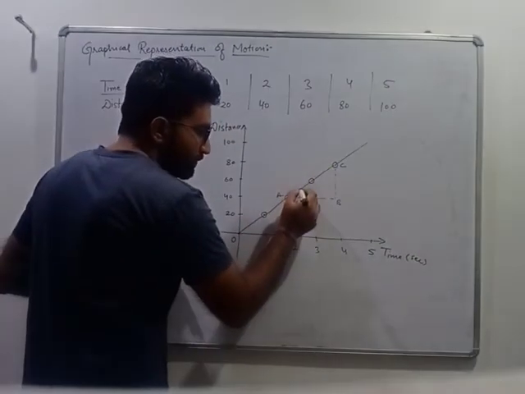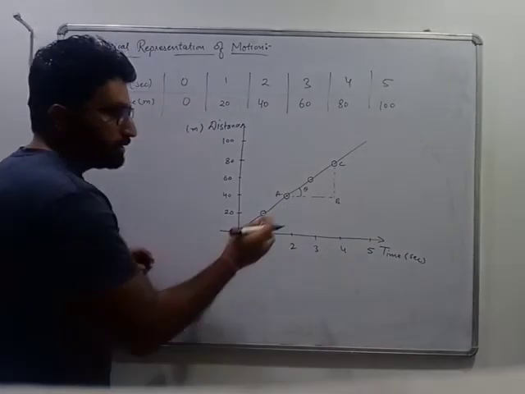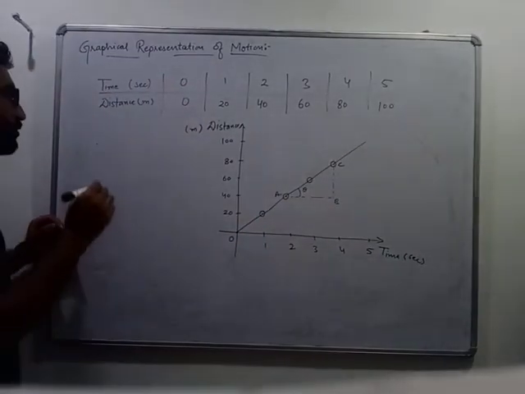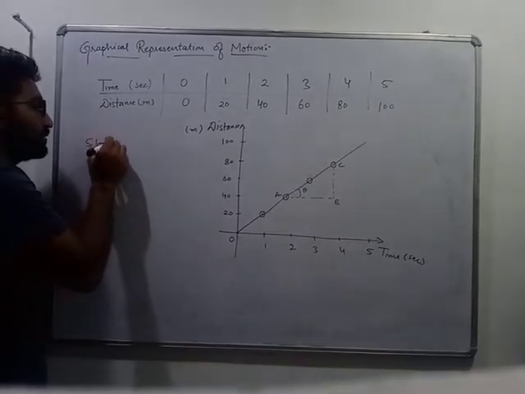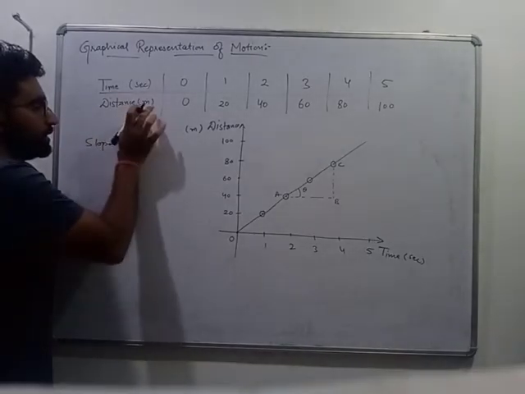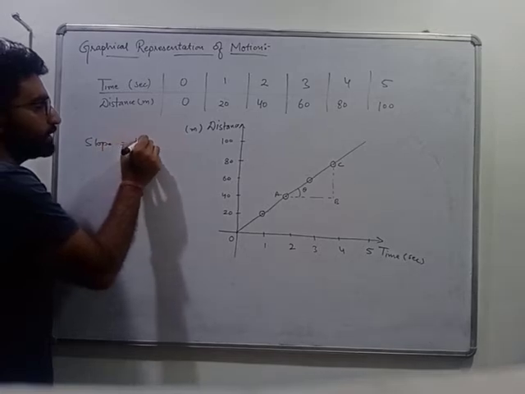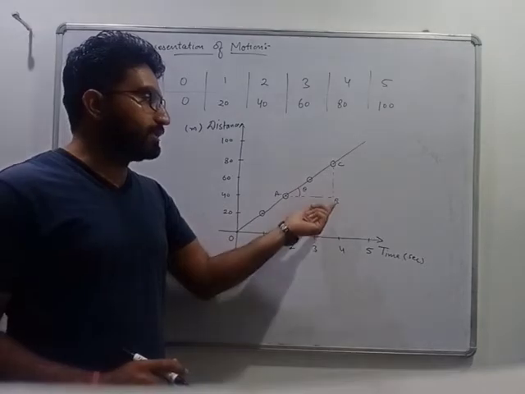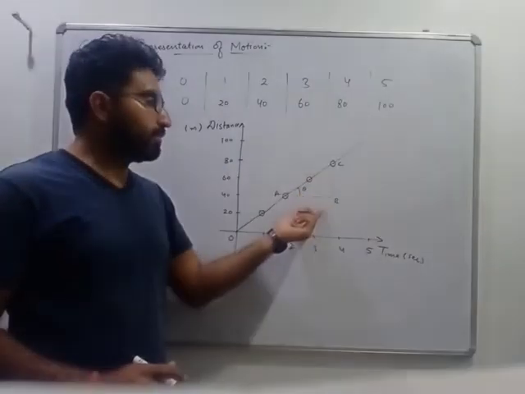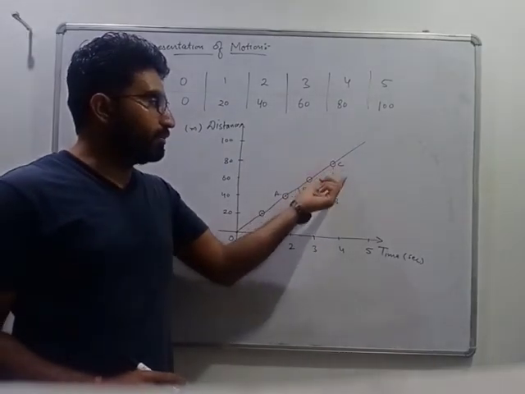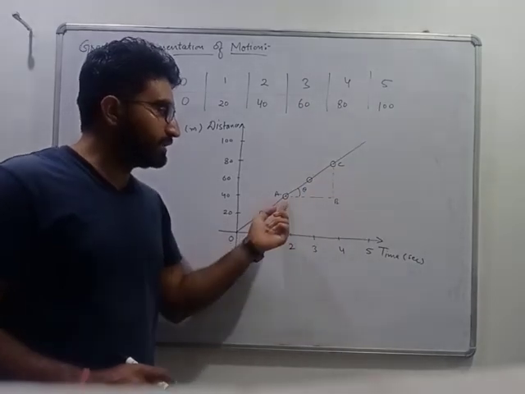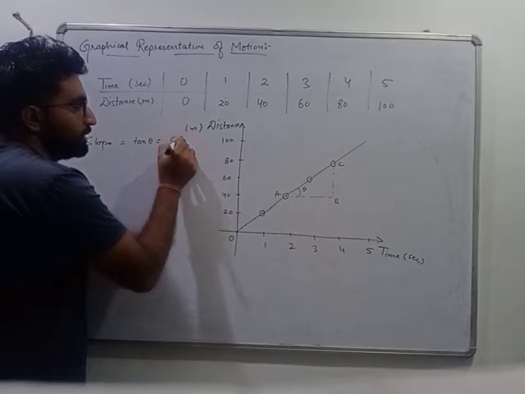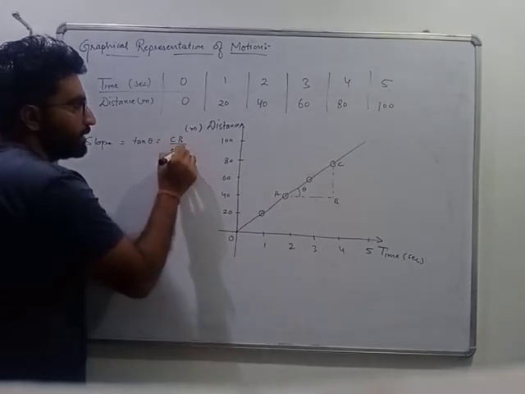Here the curve makes an angle of theta with AB, and we know that slope is equal to tangent of theta. In any right angle triangle, tangent theta is perpendicular upon base, and here our perpendicular is CB and the base is AB. So tangent theta is equal to CB divided by AB.